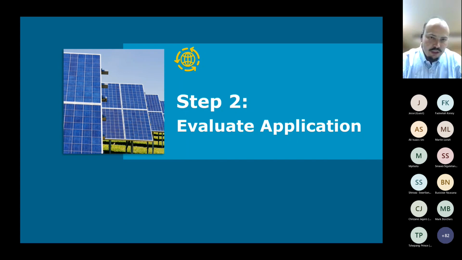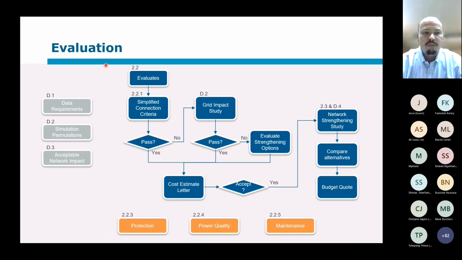So the next flowchart does combine these two into one. You will see the cost estimate letter is one of the options there, and the budget quote then coming in. But before that, the actual evaluation is the simulations that will be done. That is dealt with in a different training module, so I'm just looking at a high level overview here.